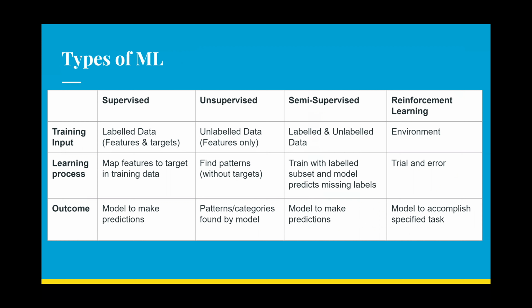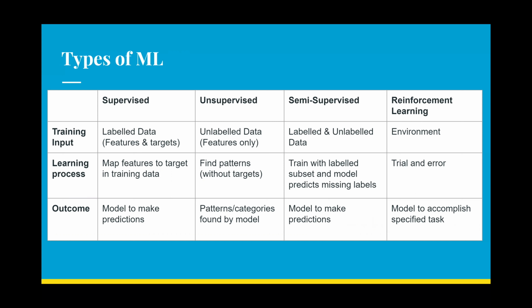Including supervised, unsupervised, semi-supervised, and reinforcement learning. As far as our class is concerned, we're already pretty familiar with supervised and unsupervised learning, but just to quickly review: supervised learning is reliant upon labeled data in its training phase.